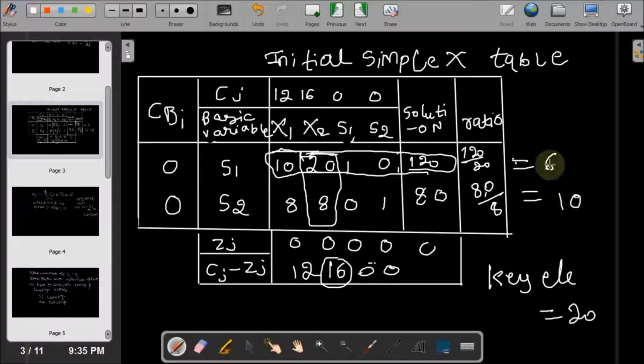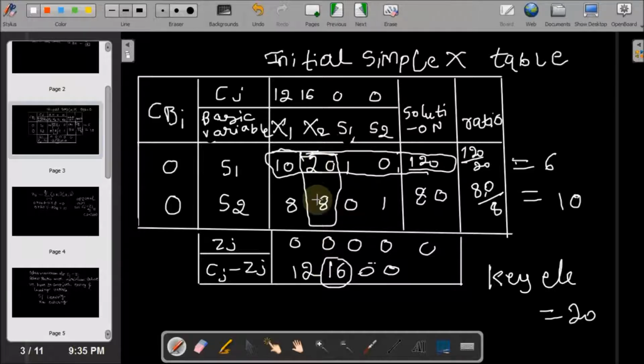First, I found the maximum value of cj minus zj, that is 16. So I make that column the pivot. You can call the key column the pivot column, and the key element the pivot element. That is one and the same.